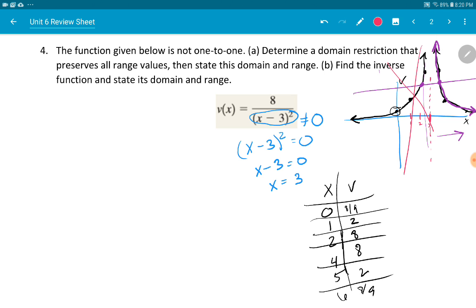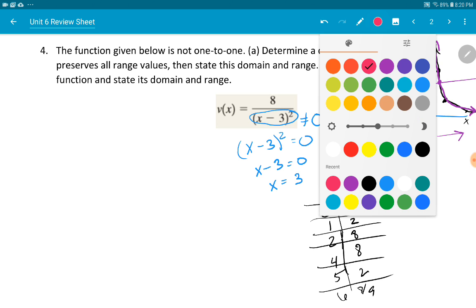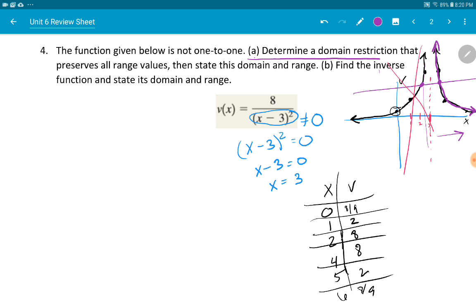So I'm going to cross off the left-hand side and use my domain starting at 3. So for part A, determine the domain restriction. That means I'm going to restrict all my x values to be greater than 3, not equal to, because there's an asymptote at 3. Whatever x greater than 3 I plug in, I will get something on this side of the asymptote, and that will preserve the entire range.